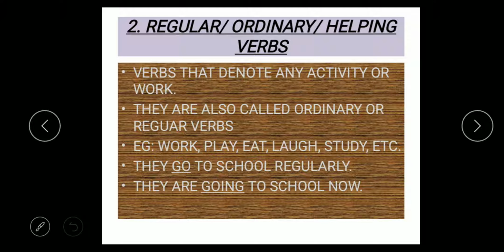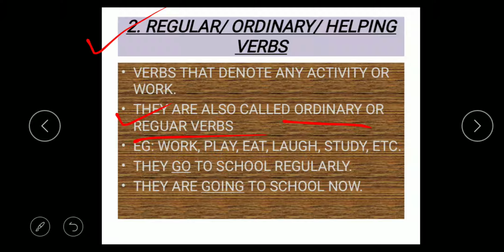Next, regular or ordinary verbs. What are the categories which fall under this topic? Verbs that denote any activity or work being performed are also called ordinary or regular verbs.